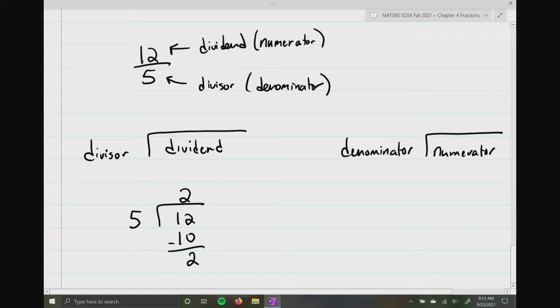Now, we need to go ahead and start labeling all this stuff. So your quotient is going to be the whole number. Your divisor is still your denominator. That didn't change.